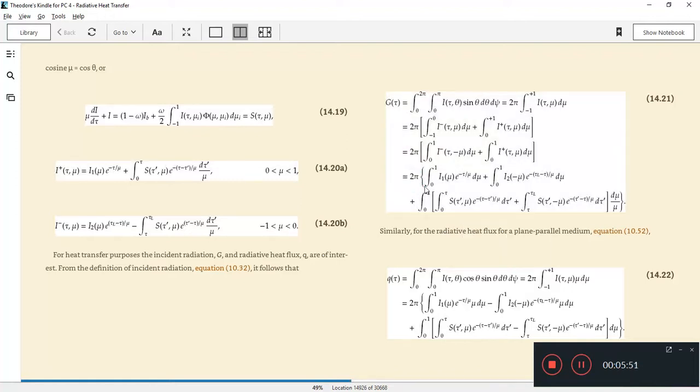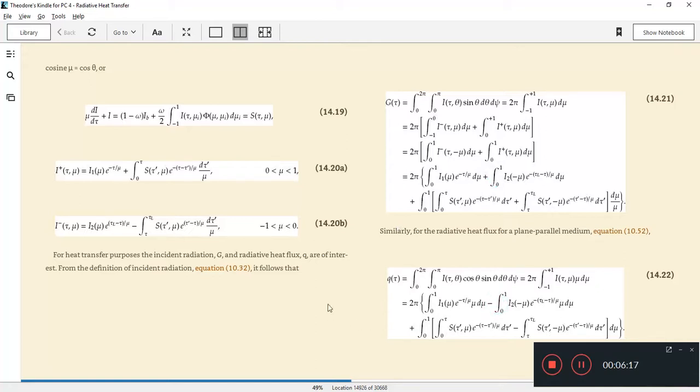Again, we have 2 pi, and then we have I1 and I2, as mentioned before. The physical meaning should kind of be the same, though I wonder why there's a positive here and there's a negative here.